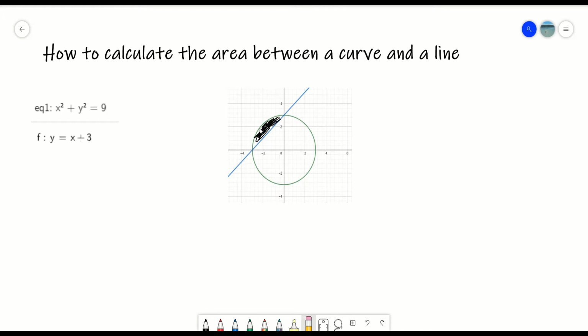For this intersection area, I just make it area A1. A1 equals what?